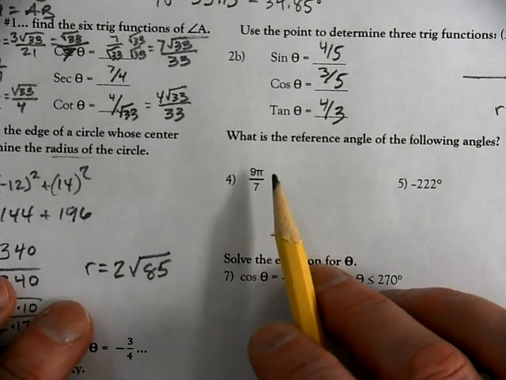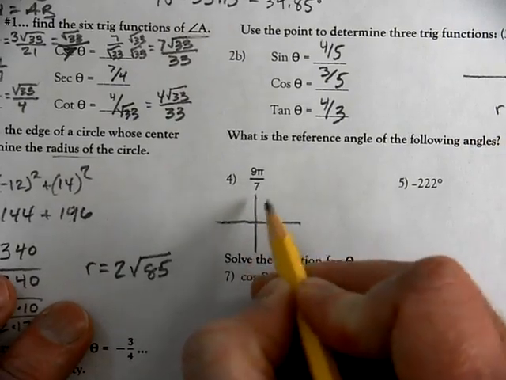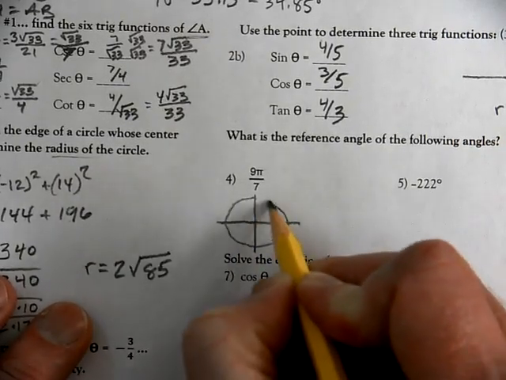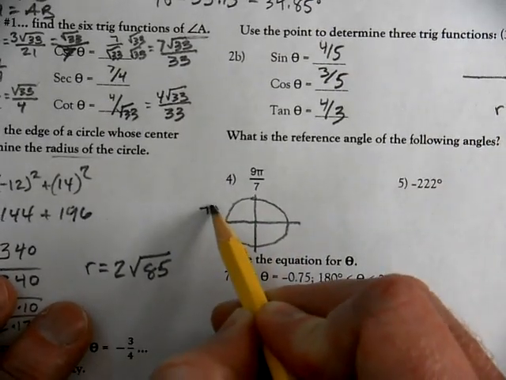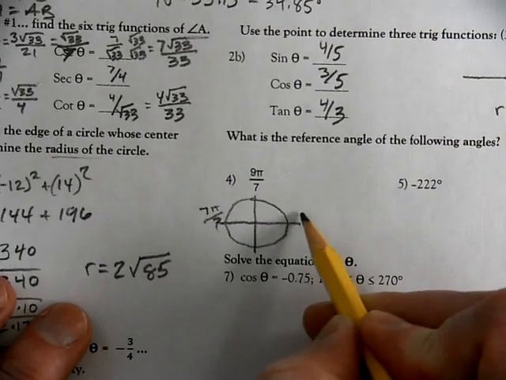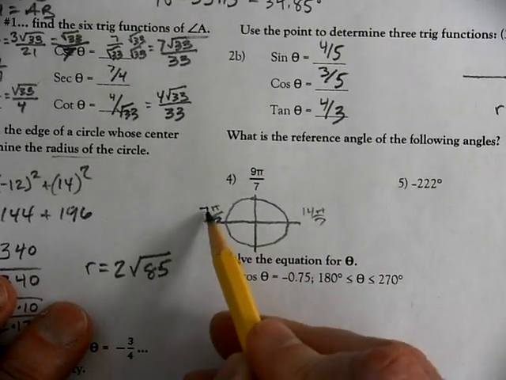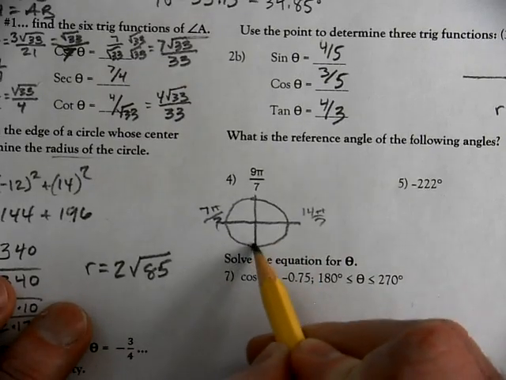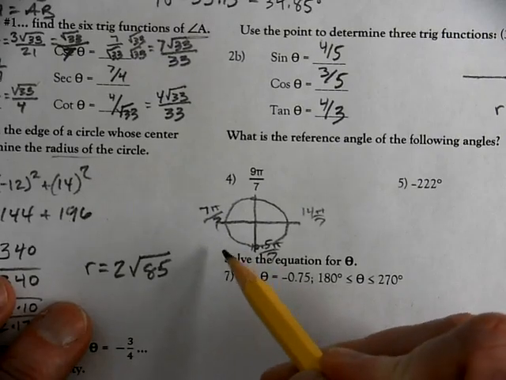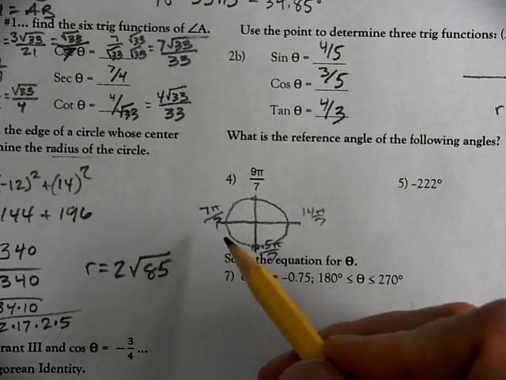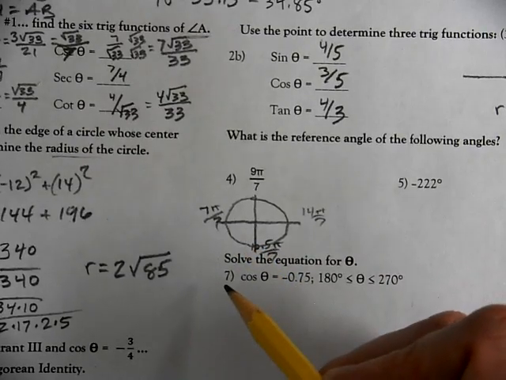Reference angle. Well, if we just think about this, it is not on the unit circle. So this would be 7 pi over 7. This would be 14 pi over 7, so it's definitely in between there. Half of 7 is 3.5, so this would be 10.5 pi over 7. So it's going to be here in the third quadrant.